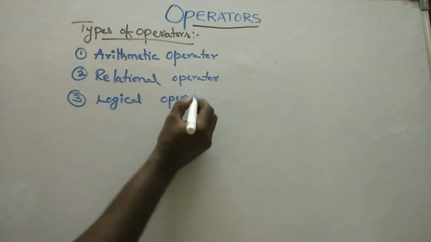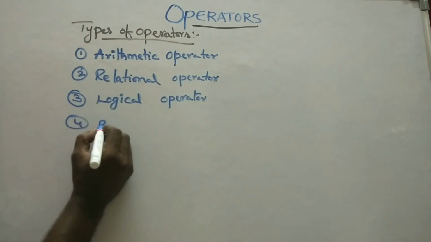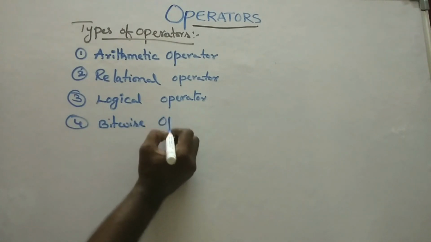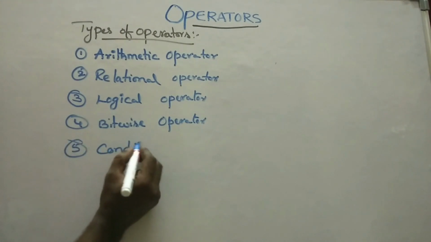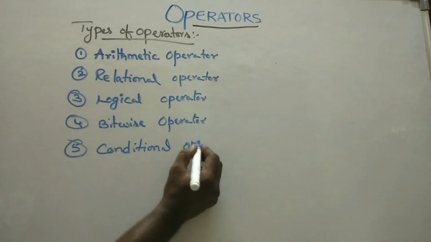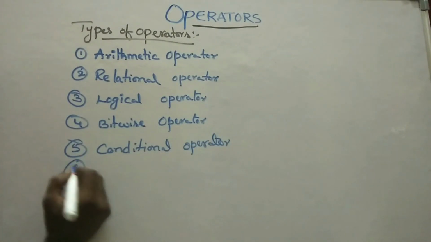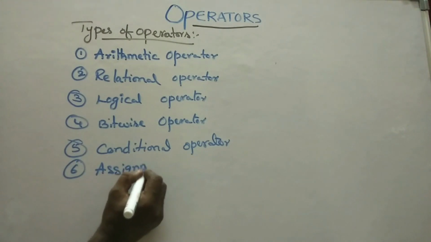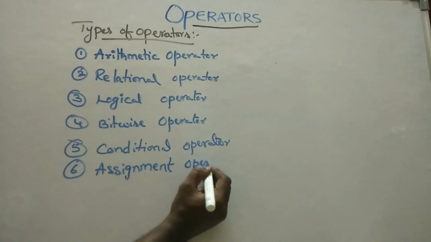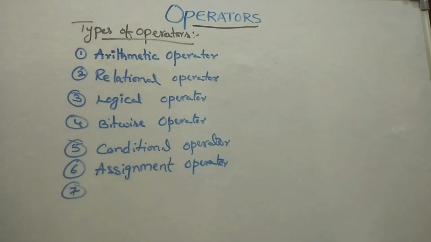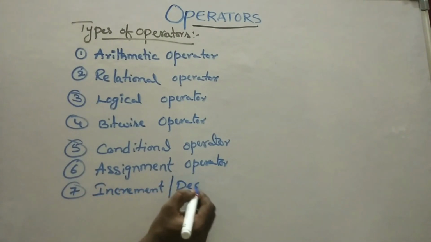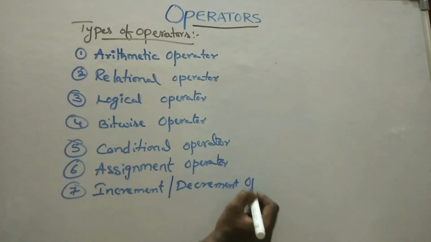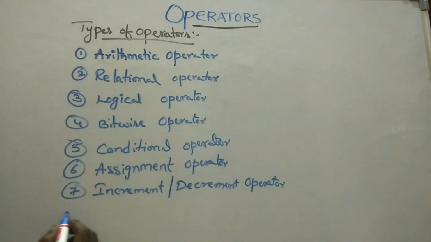The third one is logical operator, the fourth one is bitwise operator, the fifth one is conditional operator, the sixth one is assignment operator, the seventh one is increment or decrement operator, and the last one is special operators.